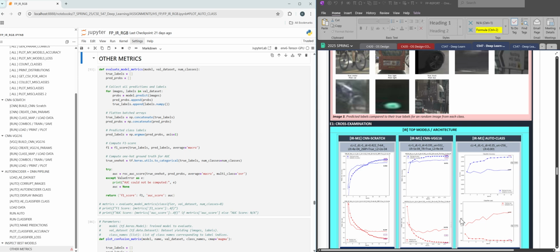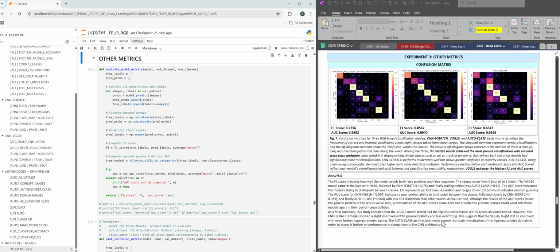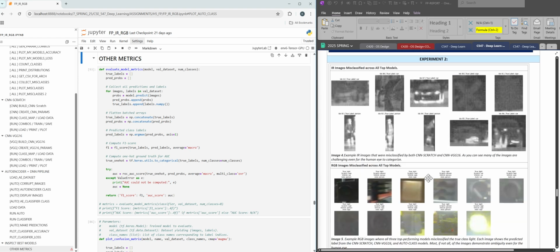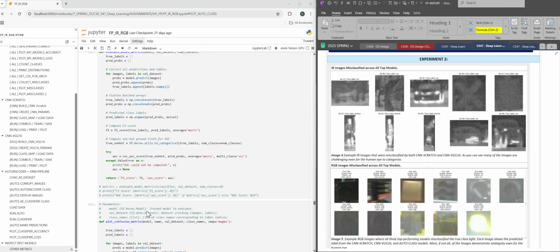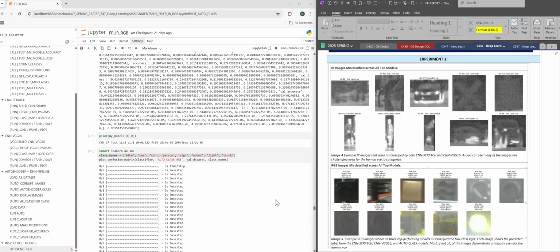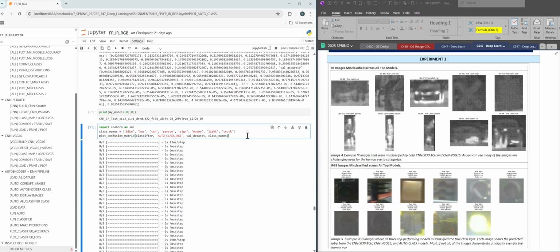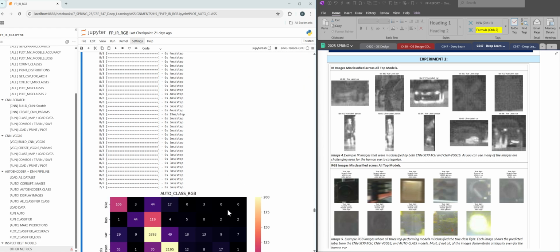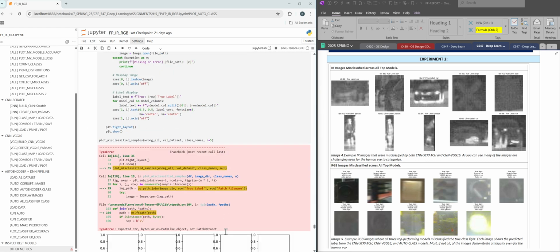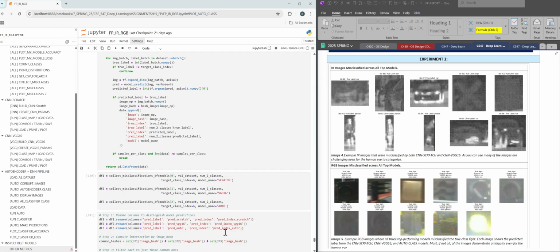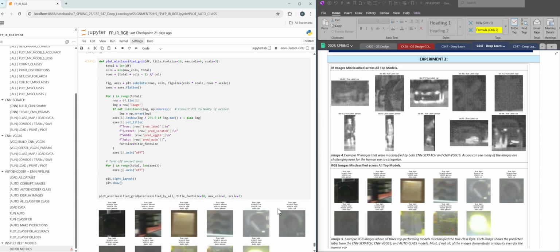It was asked that we get some images that were misclassified by all of the models, and I don't know why, but I could not get that figured out with the CSV info that was provided. So I ended up doing a workaround, tried a bunch of different things, and finally got to this.